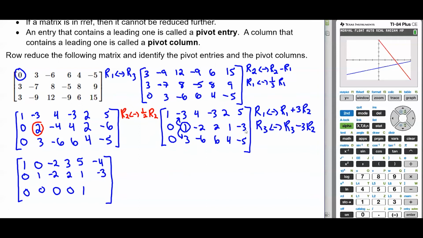And negative 5 plus 9 is a positive 4. So that's interesting. So we ended up with 4 zeros. I thought we might get a whole row of zeros, but we didn't.